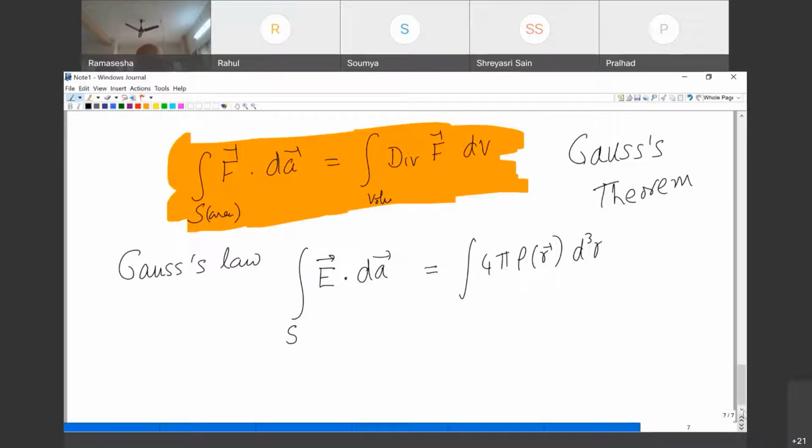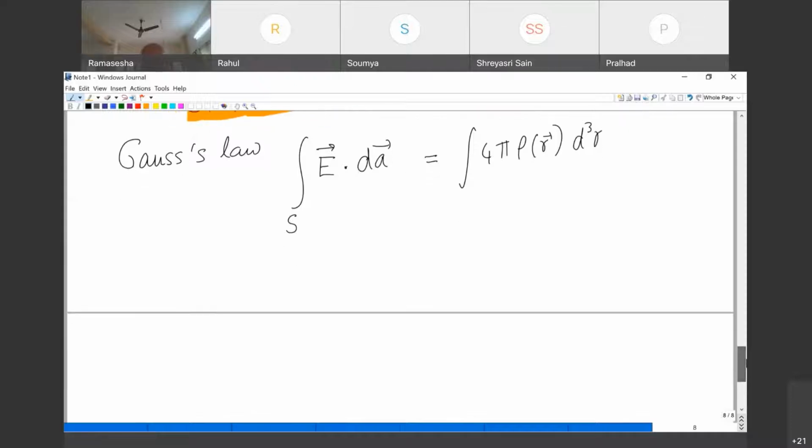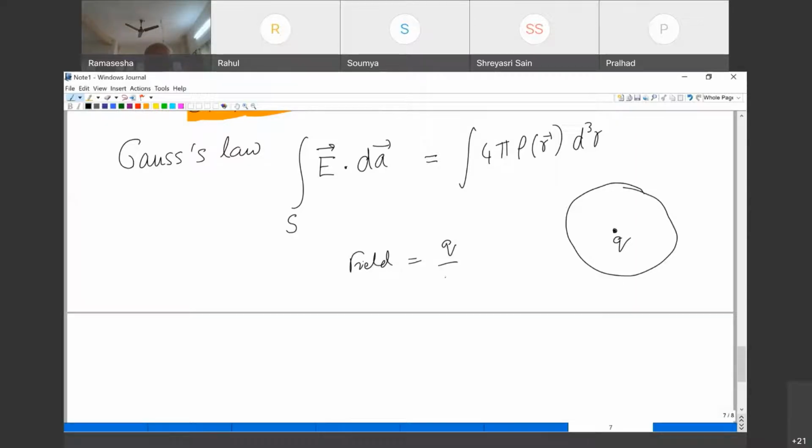For those who are not initiated into this, you can show it. For example, if I take a unit sphere, and I have a small charge q here, then the field on the surface is q by r squared. So this is the distance r, and this is a sphere.